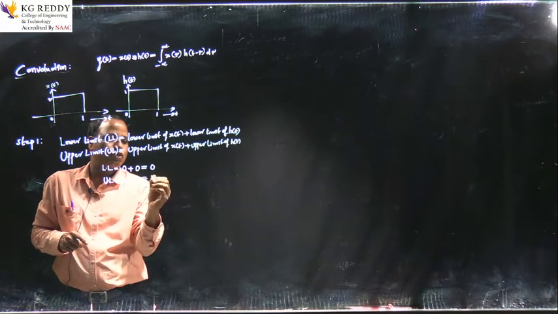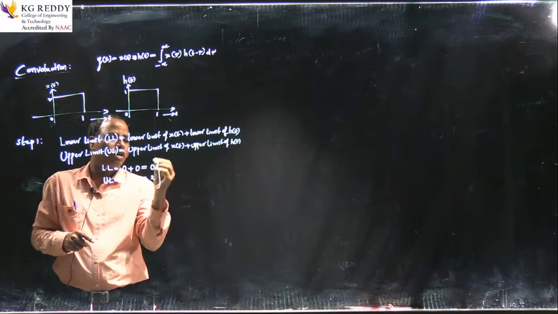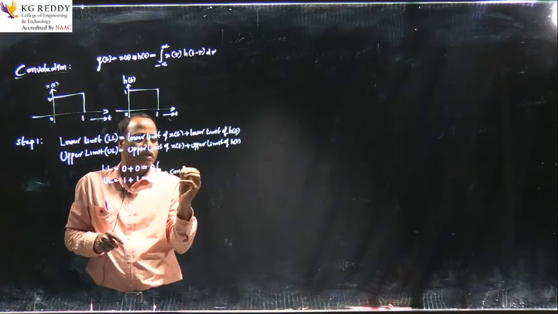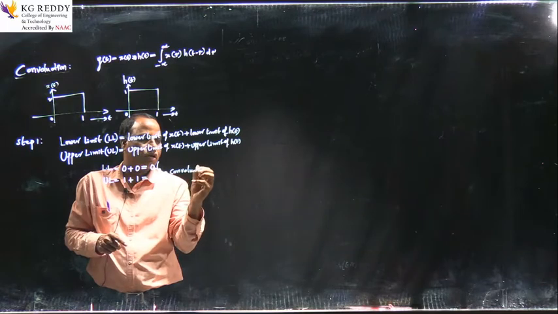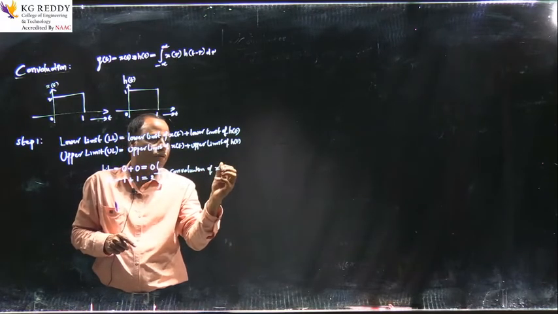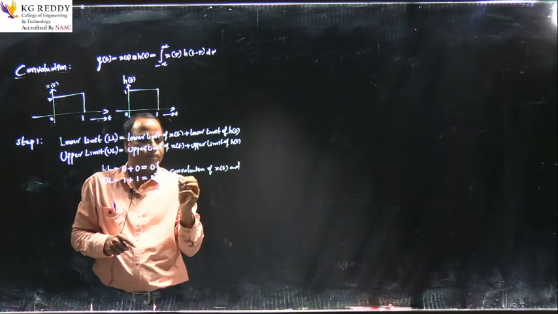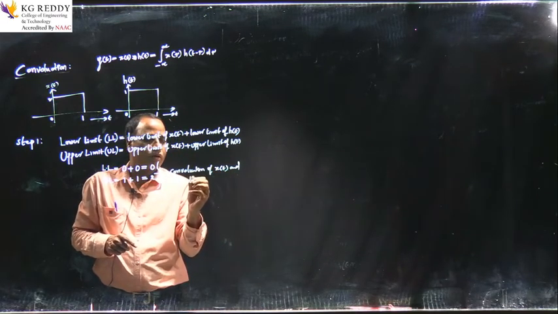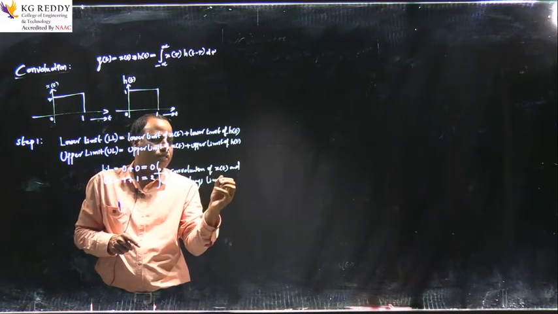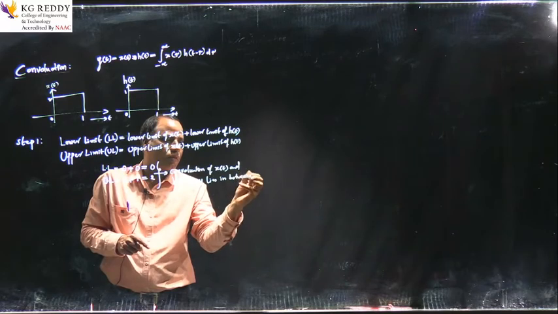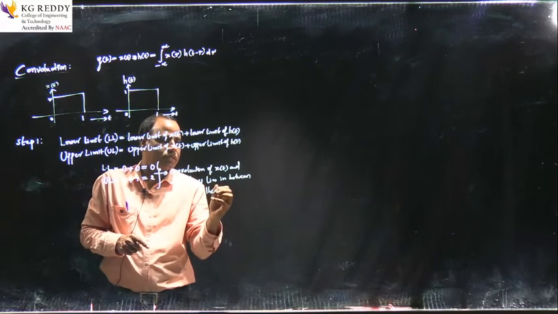So it is 2. So the convolution of x of t and h of t always lies in between these limits.